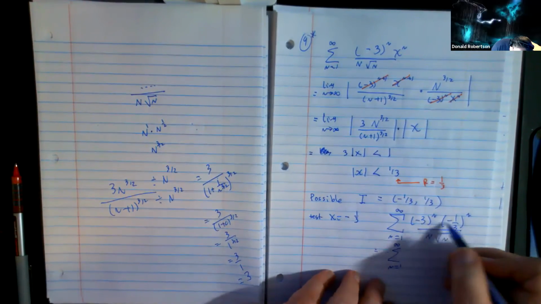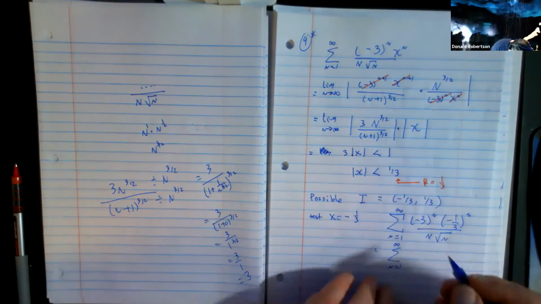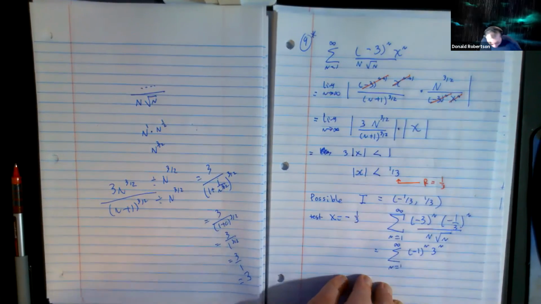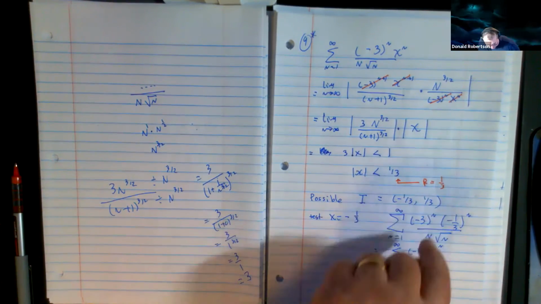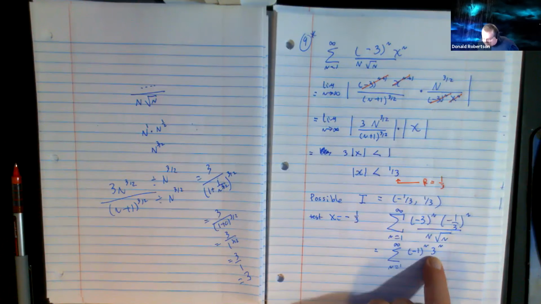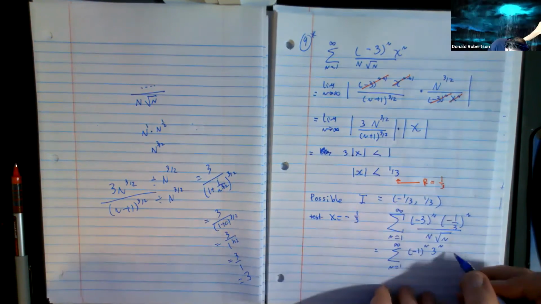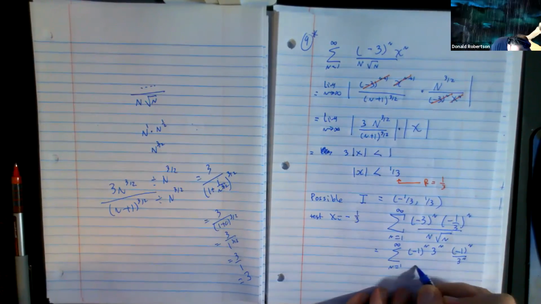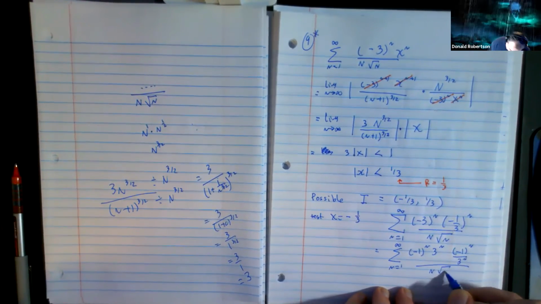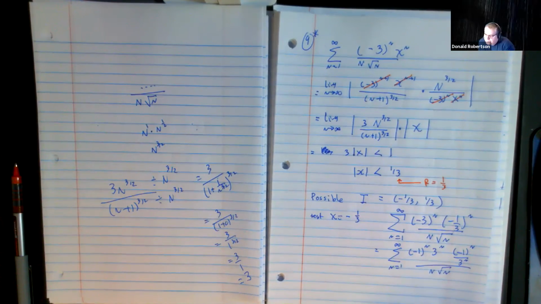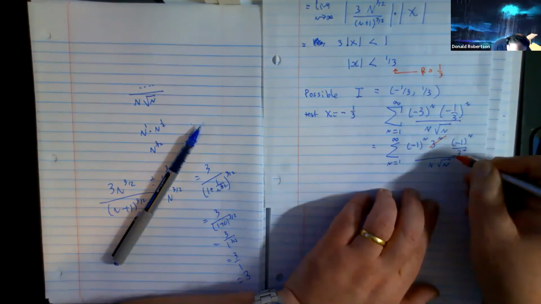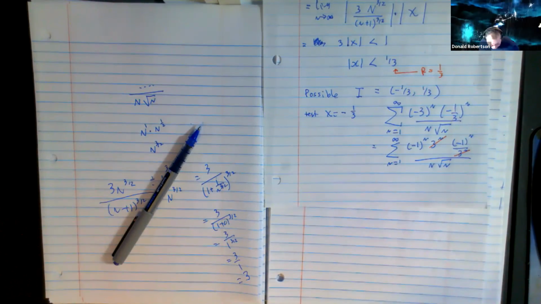Now I'm going to do some pretty basic pulling things apart. Would you agree that -3 to the n can be written as -1 to the n and a 3 to the n? And that this one here can be written as -1 to the n over 3 to the n? And we're looking at that guy. Now, because of the way I have done this, can you see that it's just a little bit easier for me to cancel the 3 to the n's?